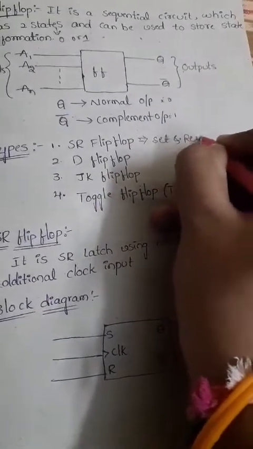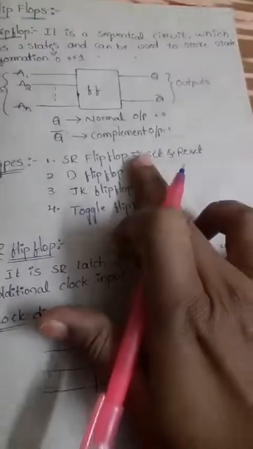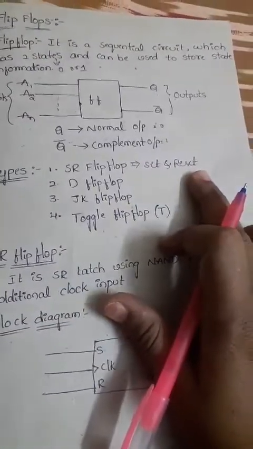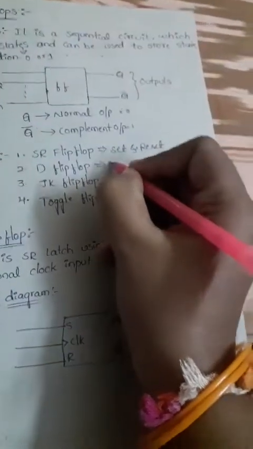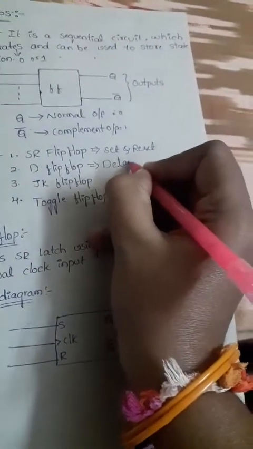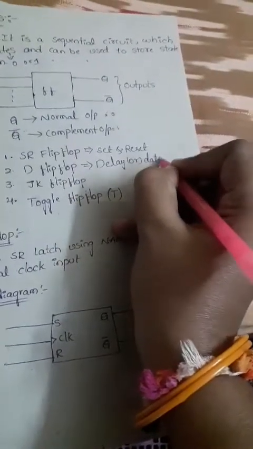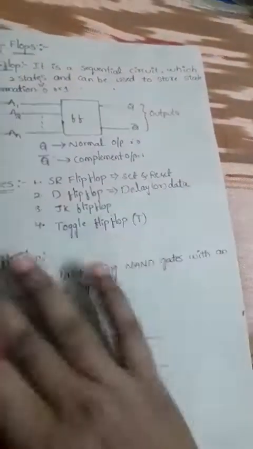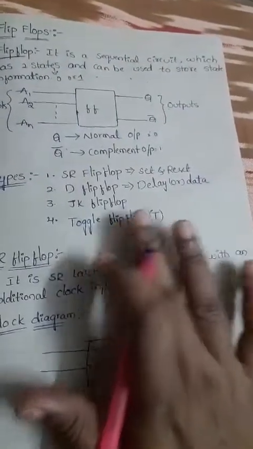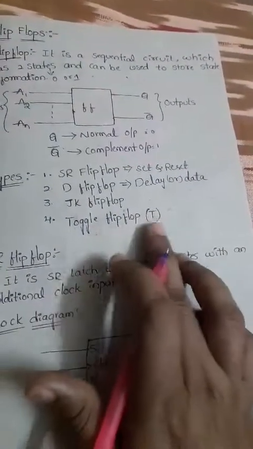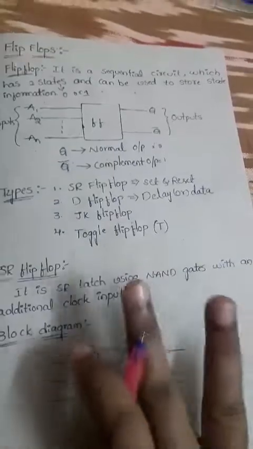The D flip-flop we can call a data or delay flip-flop. JK is the Jack Kilby flip-flop, and the T flip-flop is the toggle flip-flop.